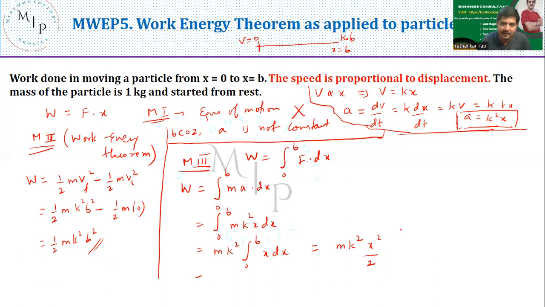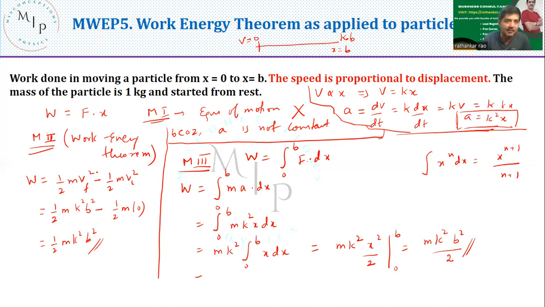I hope you get this equation. What did I do? I used this equation: integral of x to the power n dx is equal to x to the power of n plus 1 divided by n plus 1. Then I have to apply the limits here, 0 to b. When I do this, I get m k square b square divided by 2. And if I put the value x equal to 0, it becomes 0. So thus I get this expression.